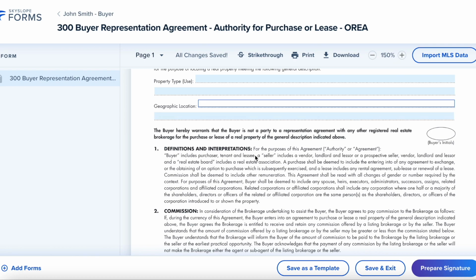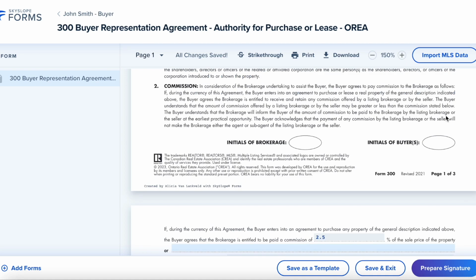Quick one here, definitions and interpretations. This is just explaining that the buyer could be addressed as the purchaser, tenant, or lessee, and a seller includes a vendor, landlord, or lessor. This one's a very important one to note for my clients. So typically in a real estate transaction, there's 5% commission total, 2.5% going to the listing brokerage, and 2.5% going to the buying brokerage. Occasionally, commission can be reduced to 2% or less on either side.